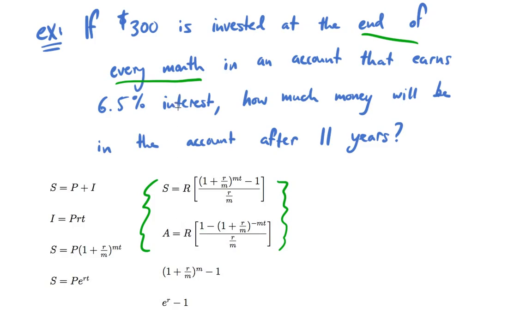And then you just have to know what these two formulas are. This first one is for investing, like when you're investing in an annuity, and this one is for paying off loans. That A stands for the original loan amount in this formula. So it turns out this and not this is the formula we're going to use.